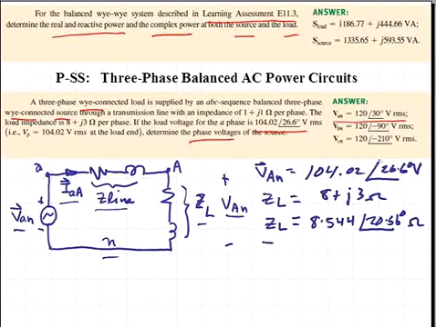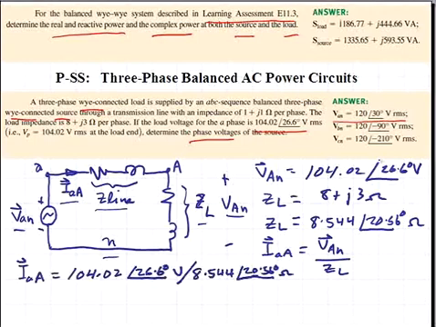Then we'll use the AC Ohm's law to solve for the line current I sub aA, equal to this load voltage V sub AN divided by the load impedance, or I sub aA is equal to 104.02 at an angle of 26.6 degrees volts divided by the 8.544 at an angle of 20.56 degrees ohms for the load impedance, and this is equal to 12.175 at an angle of 6.04 degrees amperes RMS.